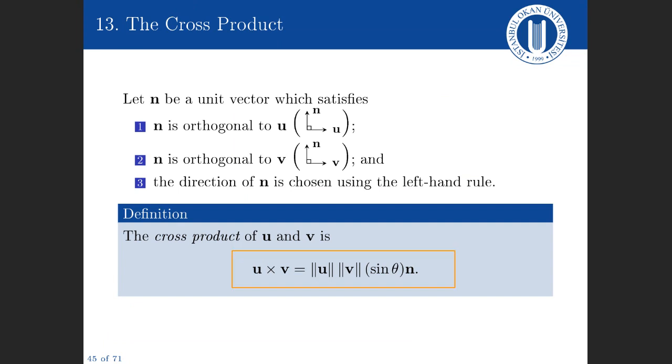Then we can define the cross product of u and v. Cross product of u and v is norm of u multiplied by the norm of v multiplied by sine theta, where theta is the angle between u and v, multiplied by this unit vector n.